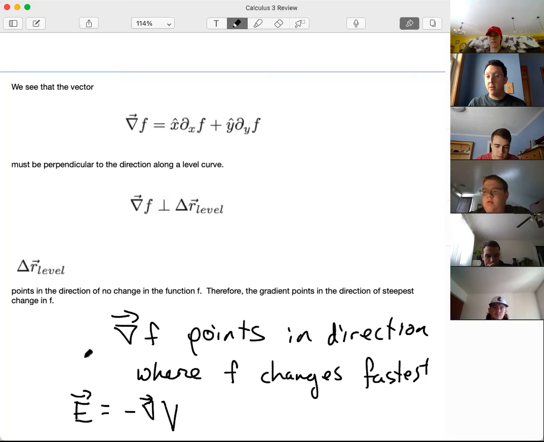That means any piece of metal is a level curve of voltage because it's not changing. Therefore, the electric field is always going to be perpendicular to a piece of metal, like along the edge of the border of the metal. In fact, sorry, not perpendicular. I'm getting ahead of myself.